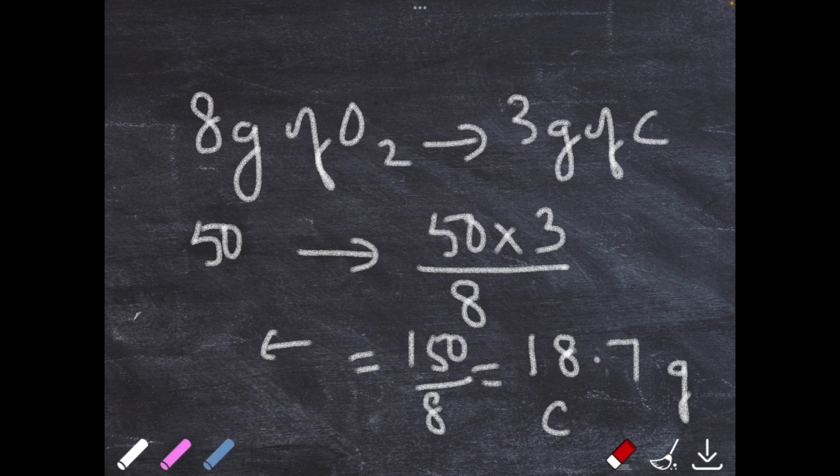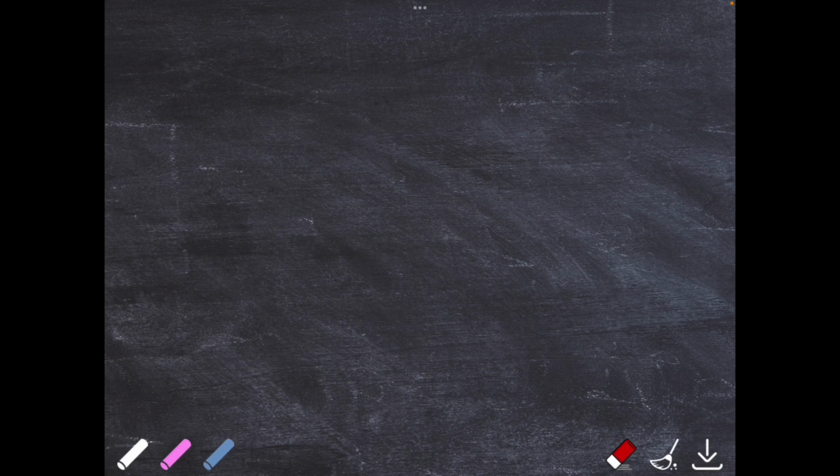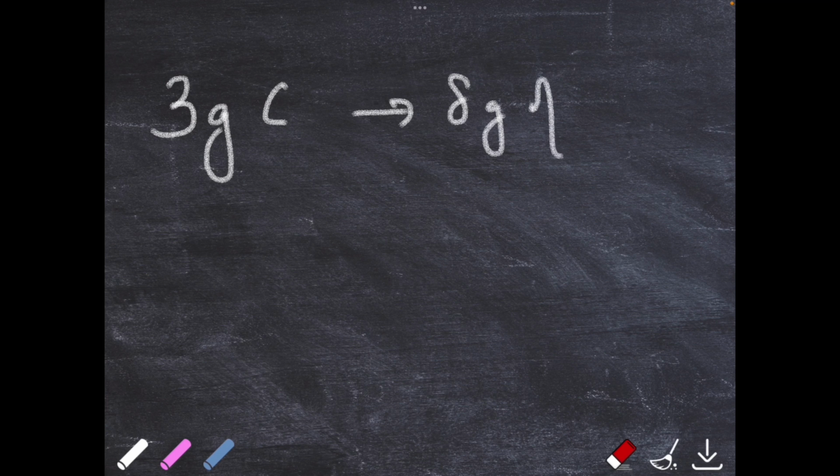Okay, so 3 grams of carbon will react with only 8 grams of oxygen, right? And how many grams of oxygen do we have? We have 50 grams of oxygen.